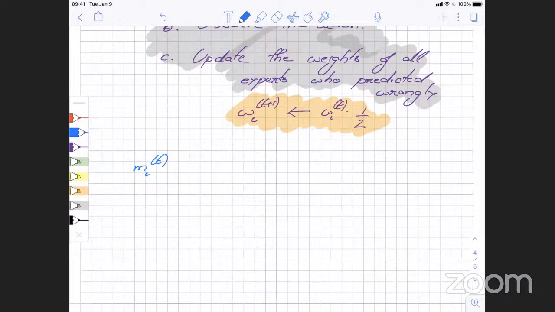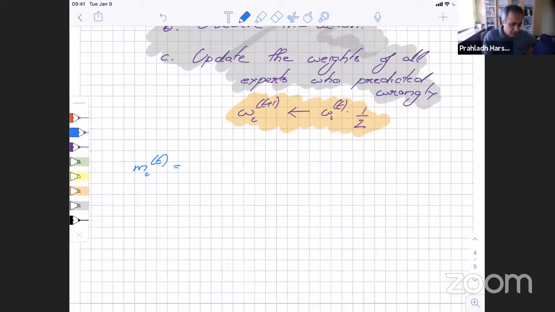So just recall. We had previously defined m_i^t as the indicator of whether expert i made a mistake at time t.